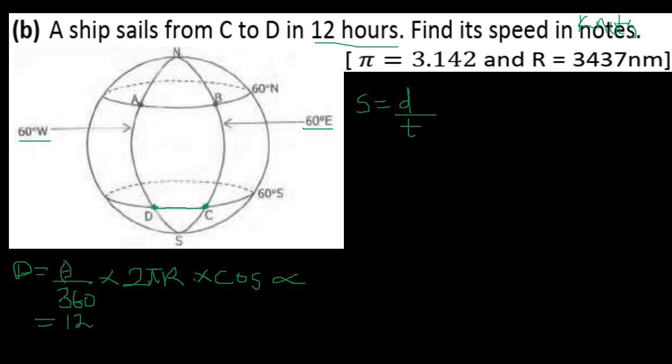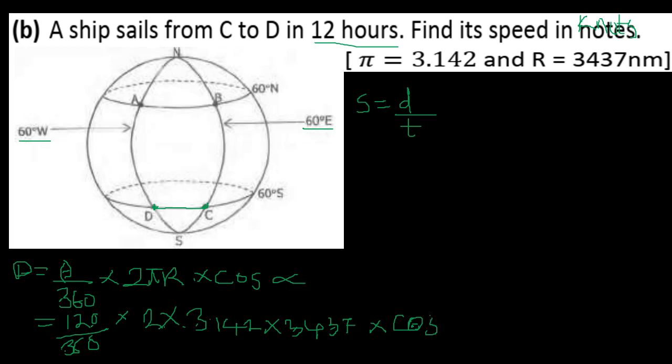So it will be 120 divided by 360, multiplied by 2 by 3.142, multiplied by 3437, then multiplied by cos of the latitude that we've been given, which is 60 degrees.